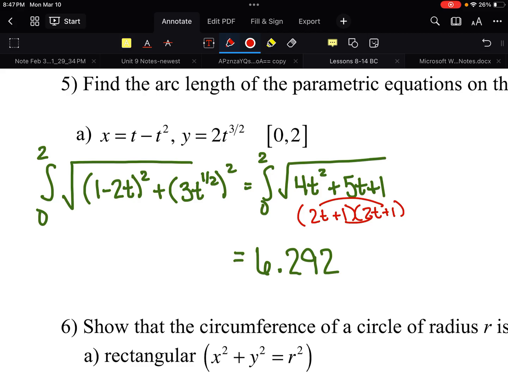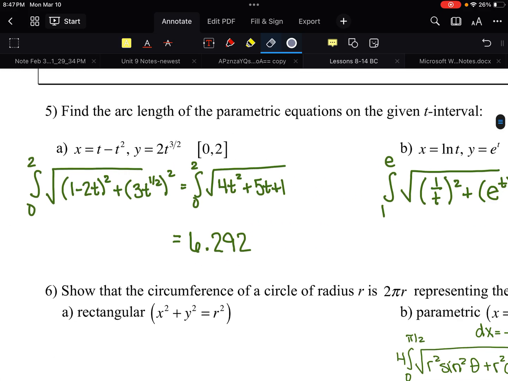If it were 4t in the middle, I could rewrite that as a perfect square using factoring, but it doesn't work, so never mind all that. That's not something that I can do the antiderivative of because of the square root sign. So grab the calculator, type in the integral, and there's your arc length.